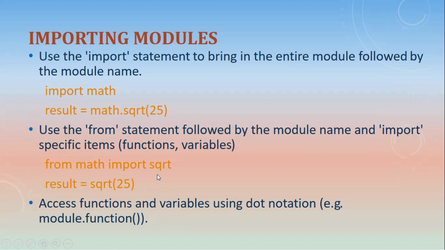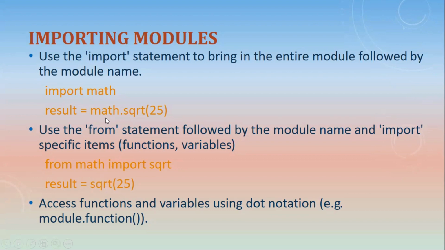So that specific function name you'll be writing: from math import sqrt. Only that function will be imported, not the whole module. So it is requirement based. If you need some specific function, you can import that. And then you can use that function directly without mentioning the module name.